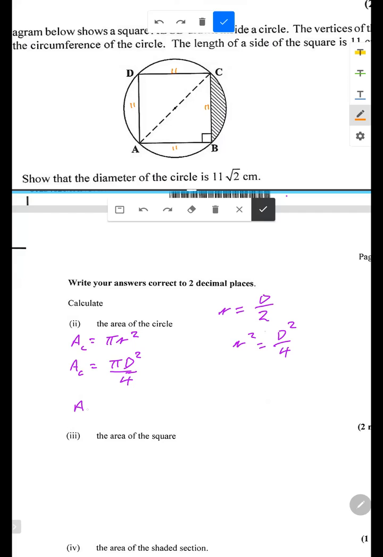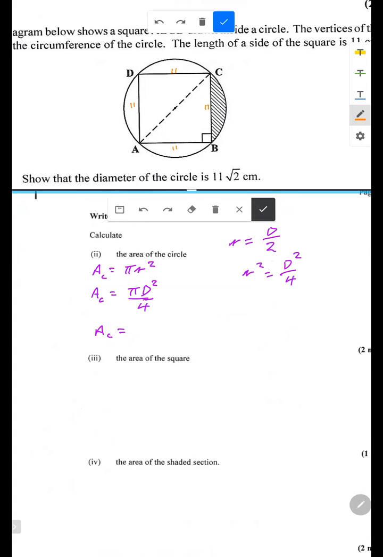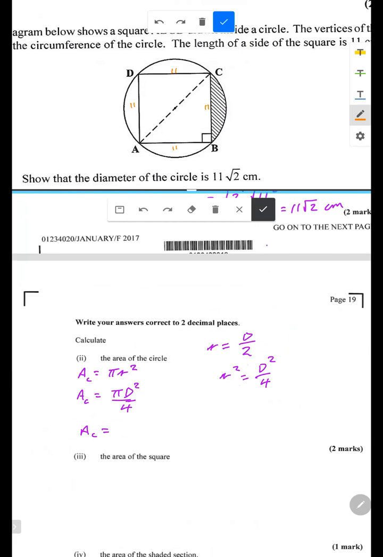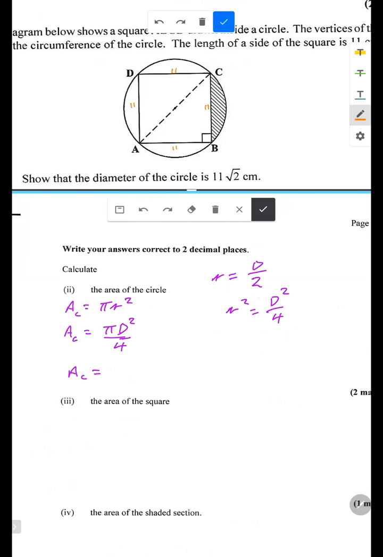And so for the area of the circle, they didn't tell us what to use for pi, so we can use the pi on the calculator. So it becomes pi times the diameter, which is 11 times the square root of 2, squared, divided by 4.